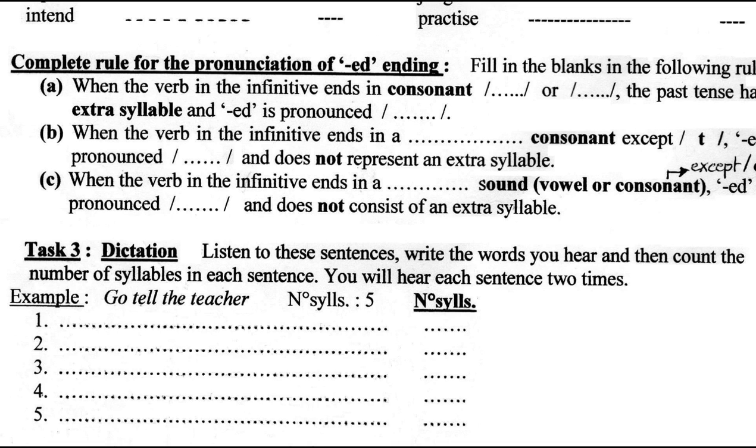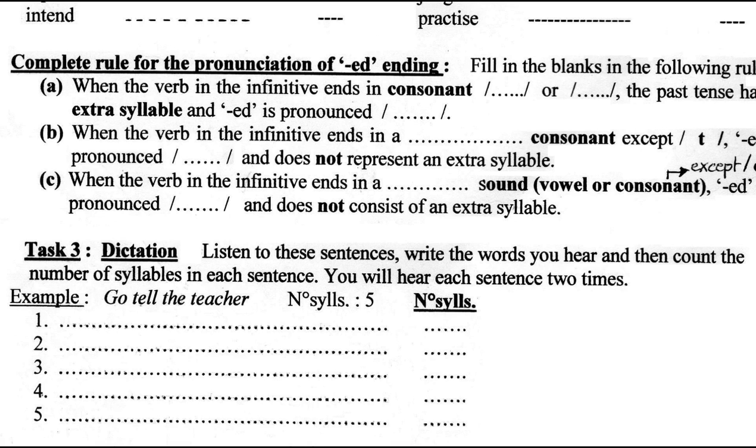You will hear each sentence two times. You don't have the sentences; I'm going to read them for you, and you try to guess them. I'm going to read them at normal speed, not slowly, but two times.